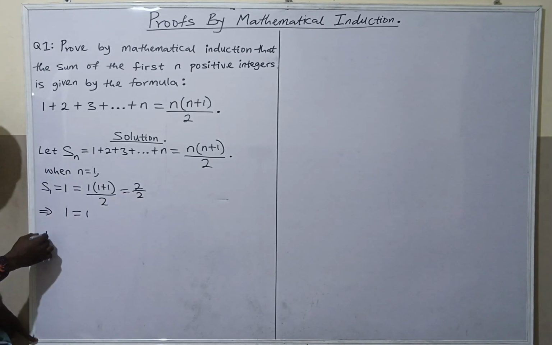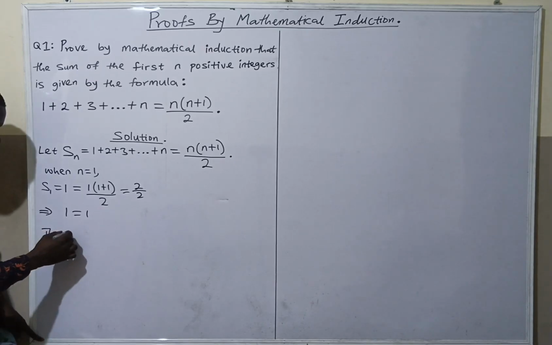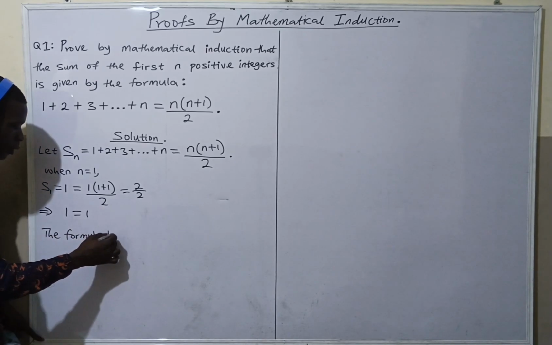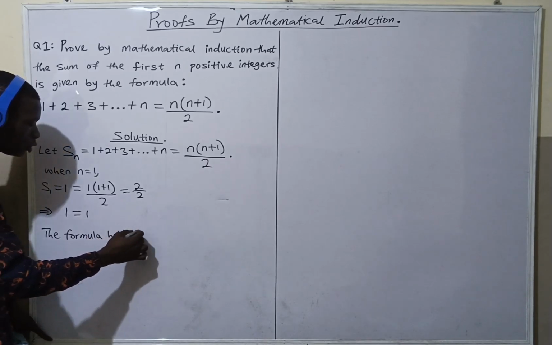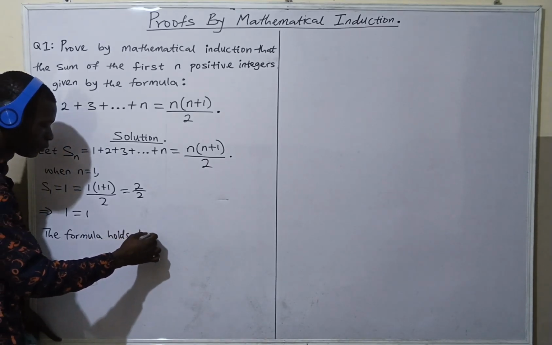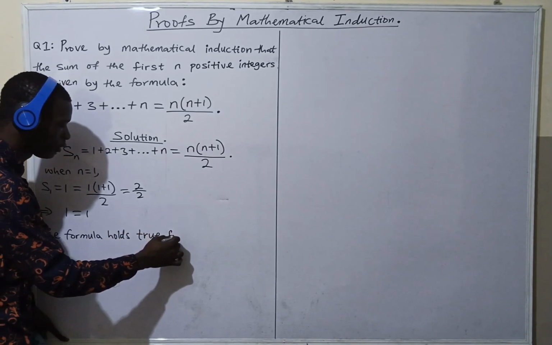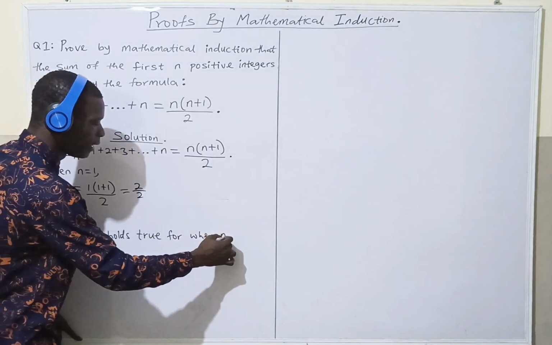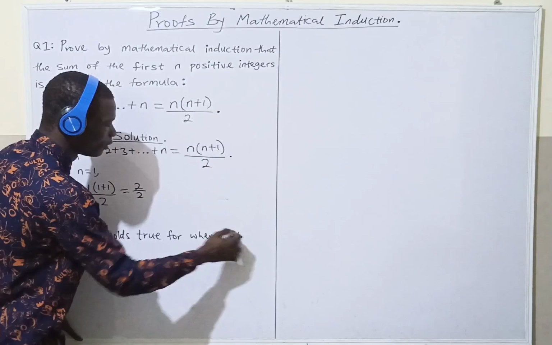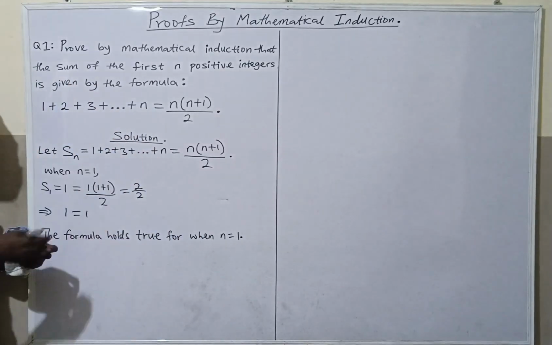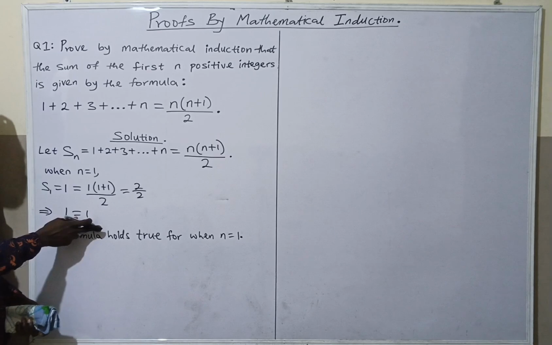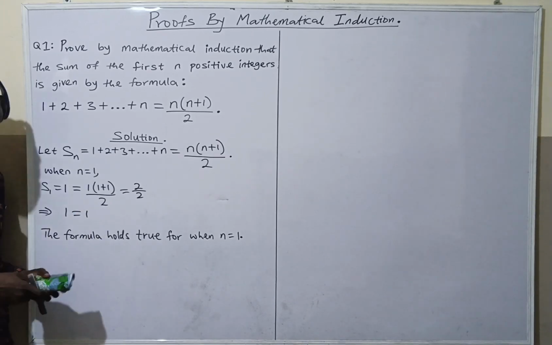So we say the formula holds true for when n equals 1. We can see that when n is equal to 1, the formula holds true. Okay, so this is the initial step or the basic step. Now we proceed to the inductive step.